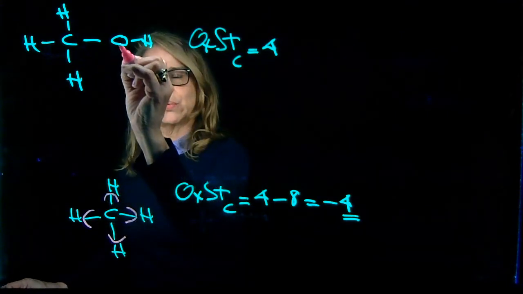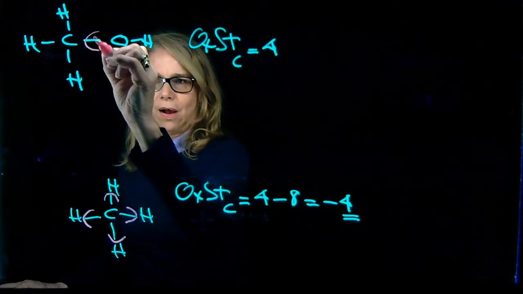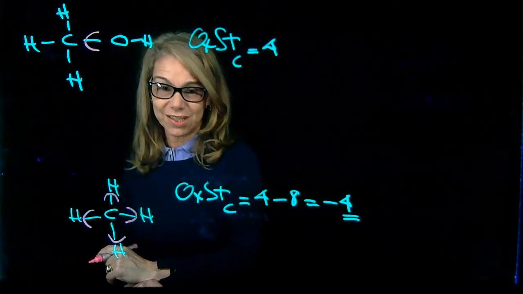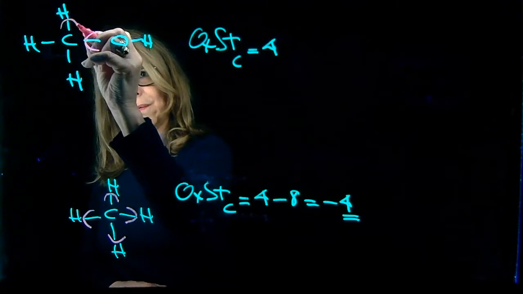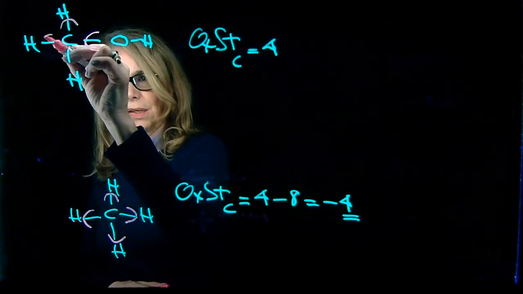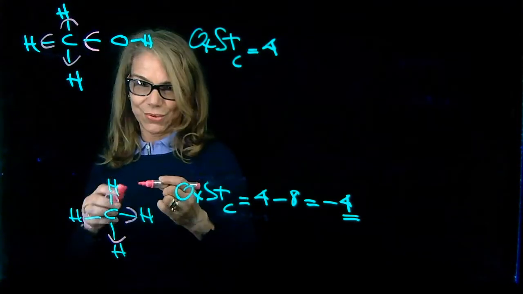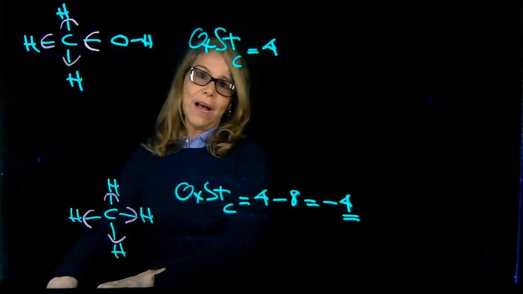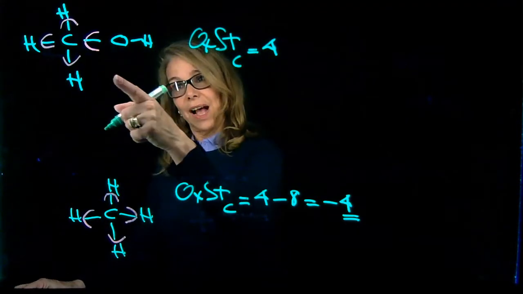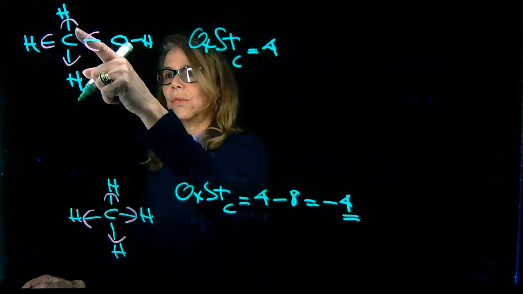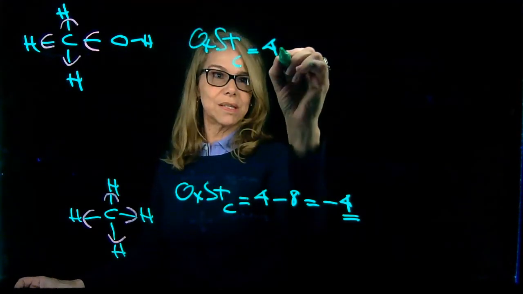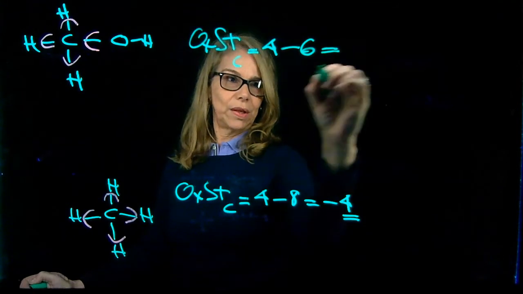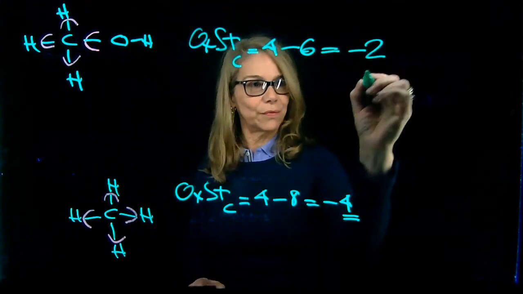Between oxygen and carbon, oxygen will take the electrons because it is more electronegative. But between carbon and hydrogen, it's carbon. This 2 will be assigned to carbon, this 2 as well, and this 2 as well. So the number of electrons assigned to carbon is 2, 4, 6. These are assigned to oxygen, so I only count 6. So here, the oxidation state is -2.